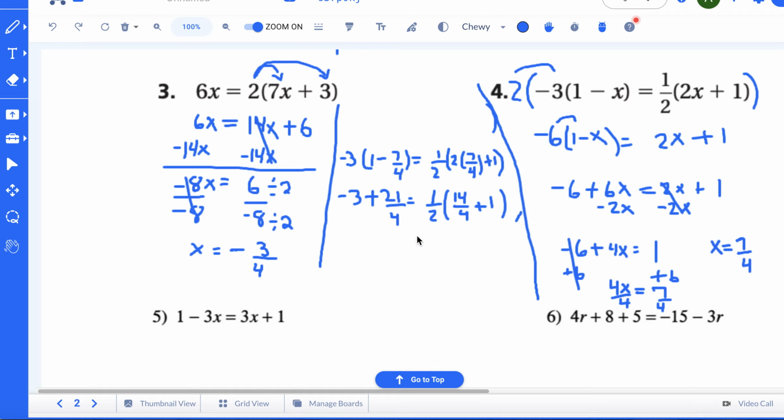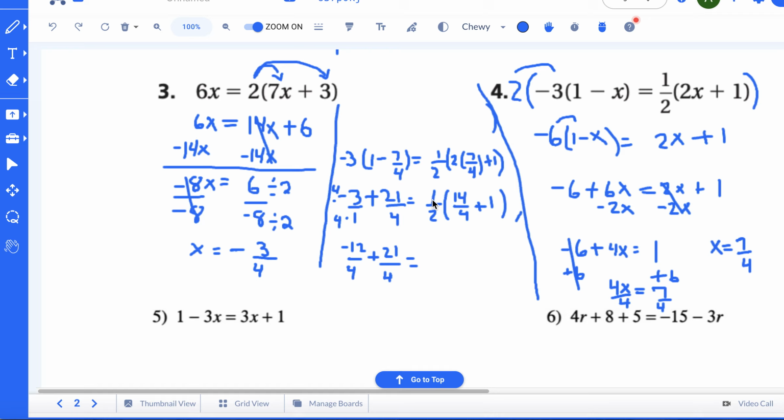Okay, so let's work with these fractions here. Let's change this into the same denominator. Remember, this is a 1. So to make this into the same denominator, I'll have to multiply by 4. I will have to multiply both by 4. So that gives me negative 12 over 4 plus 21 over 4, equals, and now I'm going to go here, and I'm going to multiply this half by 14 over 4.